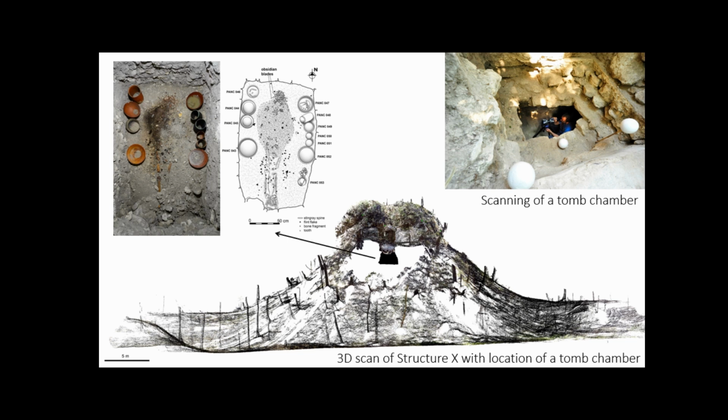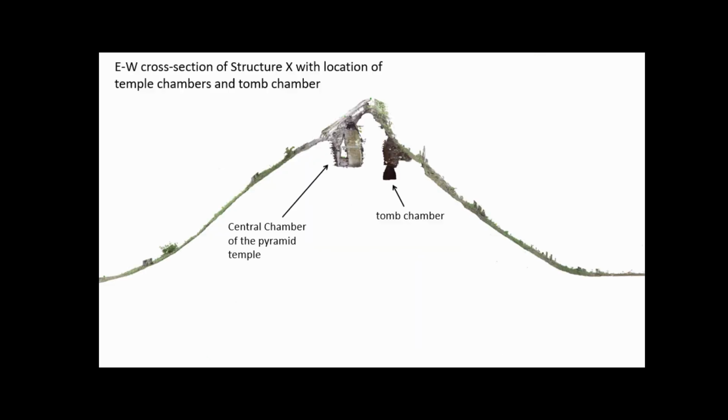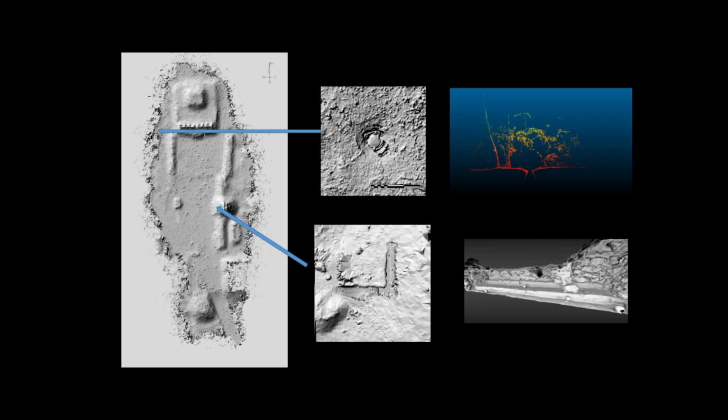This data allows us also to generate some kinds of analysis. Like in this example, we can compare how the tomb chamber is located in the structures, but these data were also the basis for creating very accurate digital elevation models.